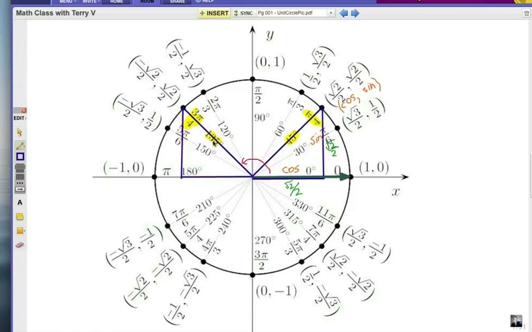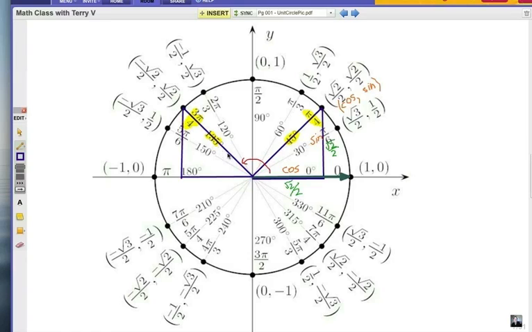Now, of course, what that means is this is 45 degrees, that's 45 degrees, and our sine and cosine units are the same. This vertical piece here is radical 2 over 2, and that's where that comes from. And the horizontal piece, which is the cosine value, we're going to go backwards now, radical 2 over 2. So that's why it's negative radical 2 over 2, positive radical 2 over 2.